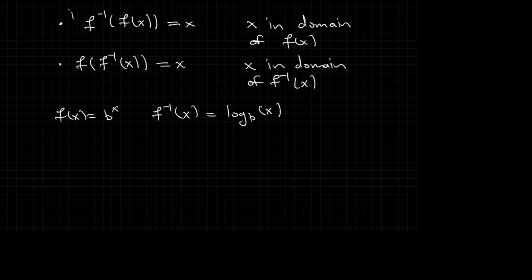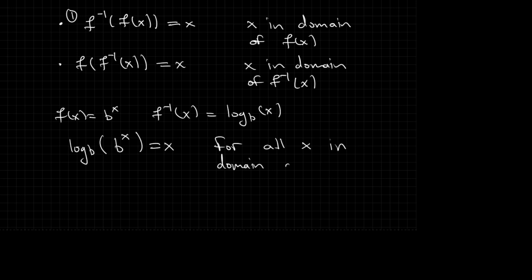Then this first statement would be that log base b of f of x, being b to the x, is equal to x for all x in the domain of b to the x. And the domain of b to the x is all real numbers. So this would be for all x in minus infinity, comma, infinity, or in other words, it's just true for every single x value.